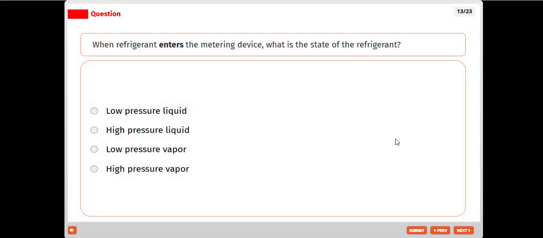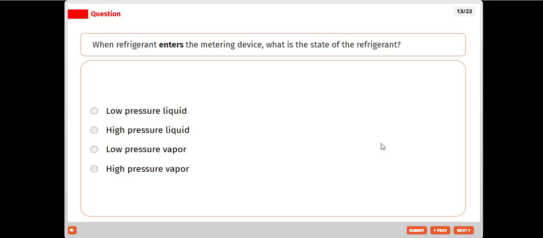When refrigerant enters the metering device, what is the state of the refrigerant? It is high pressure.